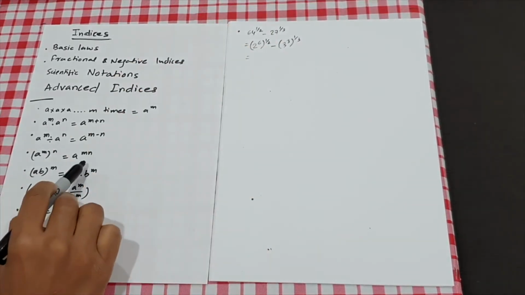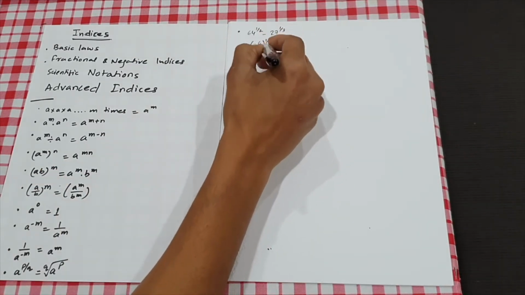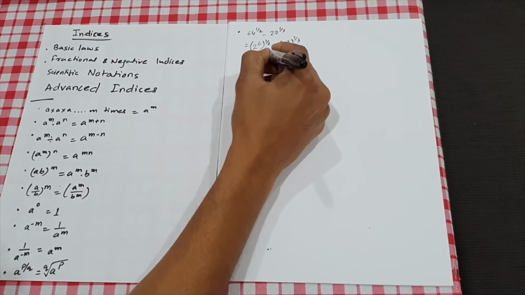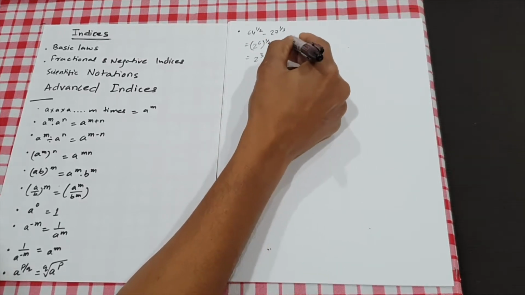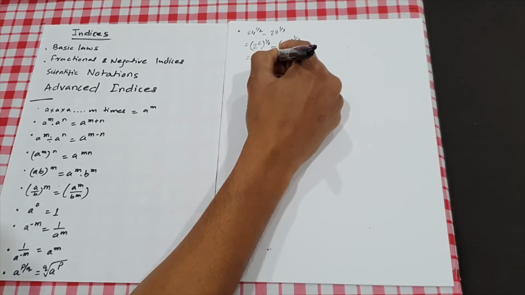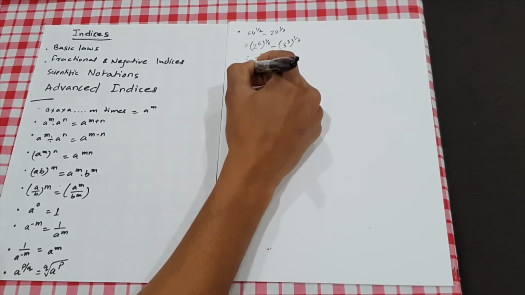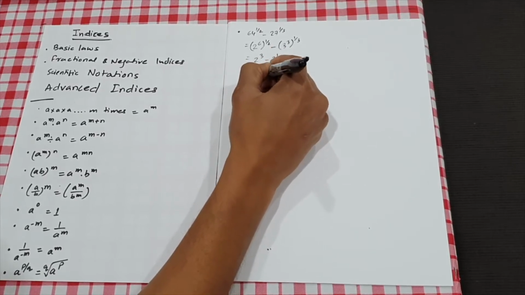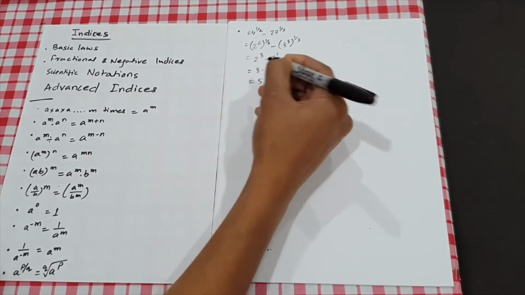Remember the multiplicative rule? You multiply the powers. So 2 to the power 3 now, and for the other, 3 times 1/3 gets cancelled, so this is just 3 times 1. Simple now, 2 to the power 3 is 8, minus 3. So your answer is 5.